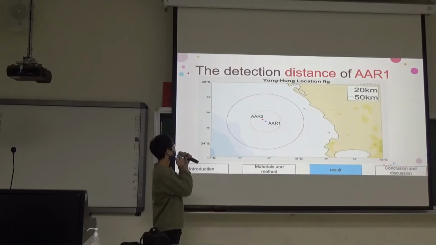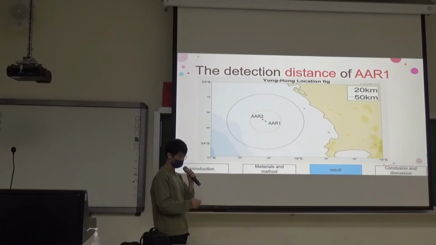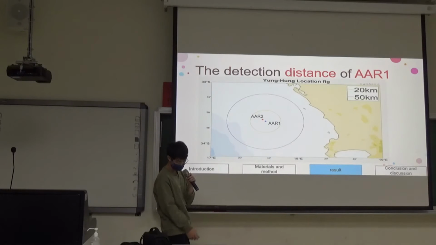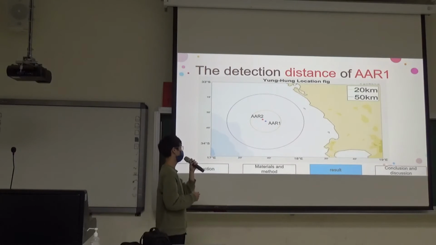And as we know, the hydrophone receiving distance may change according to the temperature, season, even day and night. If the whale calls inside the orange circle, the hydrophone at AAR1 can receive the sound all year.